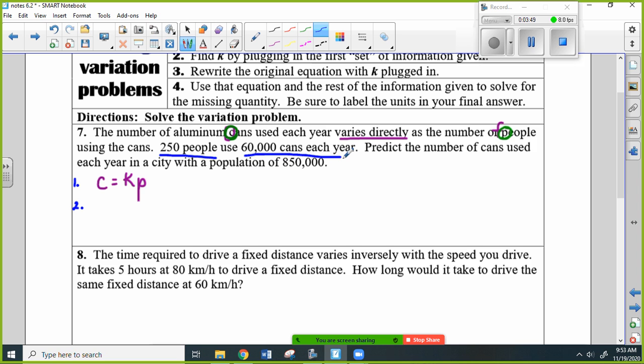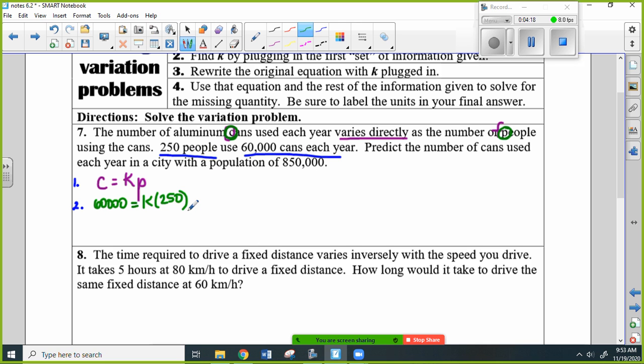That is my first set of given information. Make sure you know what your letters represent. I'm going to plug in 60,000 for the cans, for the C, and I'm going to plug in 250 for the P, for people. You with me?